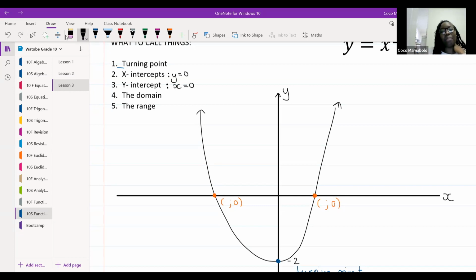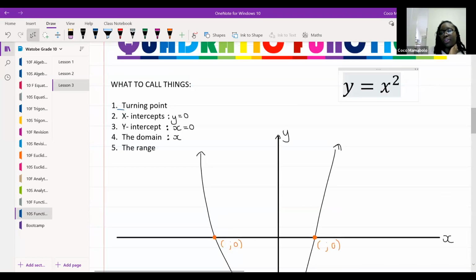So guys, when we talk about the domain, we want to look at what our x values can be. Now, if I had y is equal to x squared, can anybody find me a real number that x cannot be?